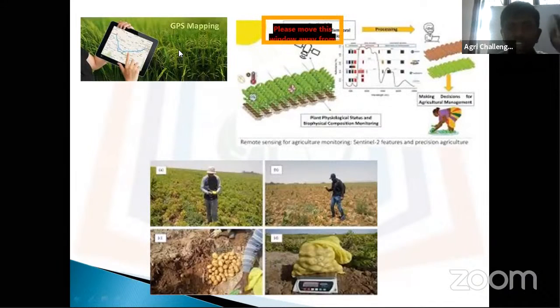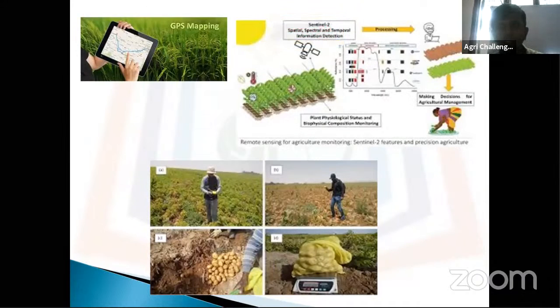It indicates the variation at which particular point. What does remote sensing do? It collects the variation data, and GPS indicates where. What does GIS do? It analyzes and gives you the output in a readable or understandable form.